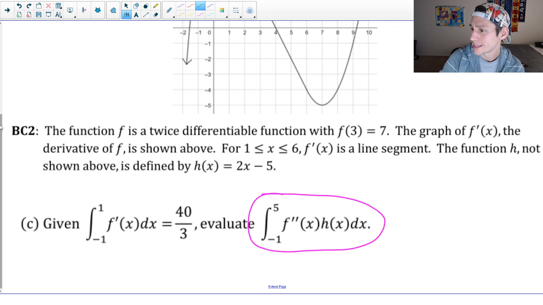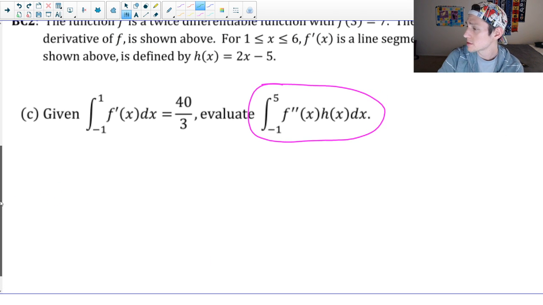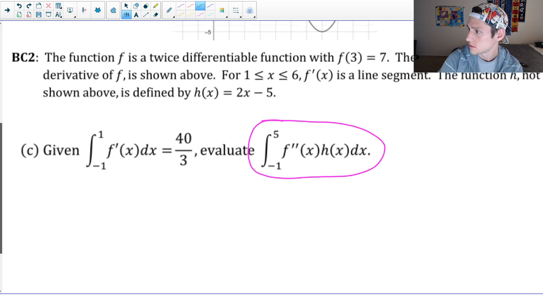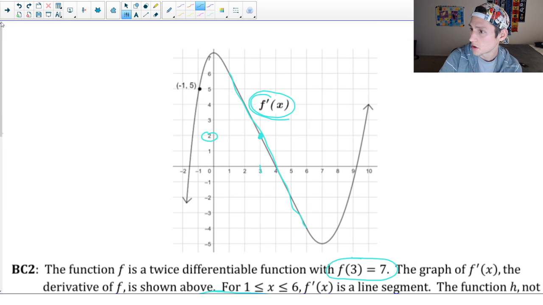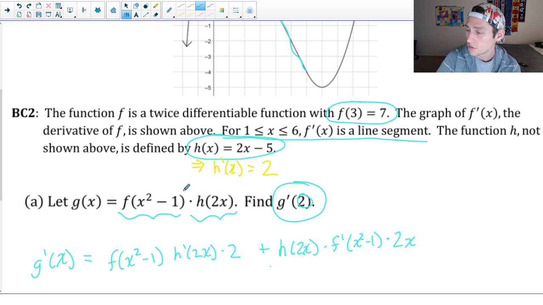All right, so I'm looking at this. So remember, back in part A, we were trying to find the derivative of a product.